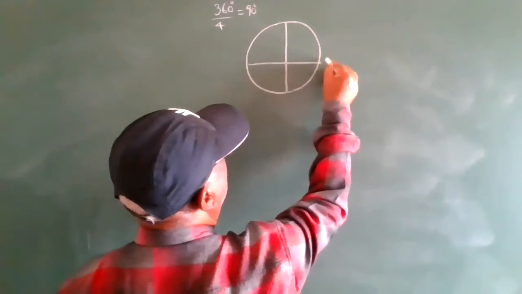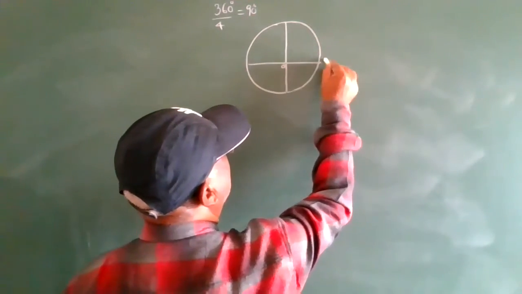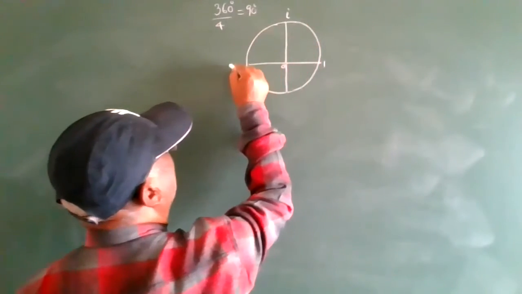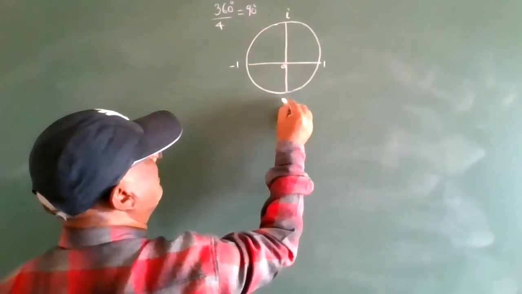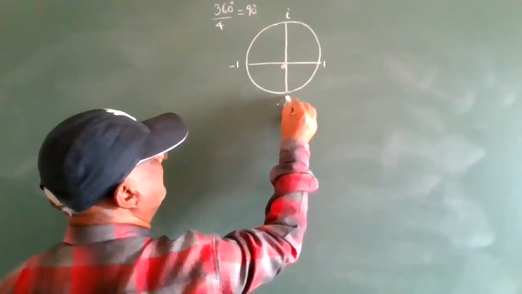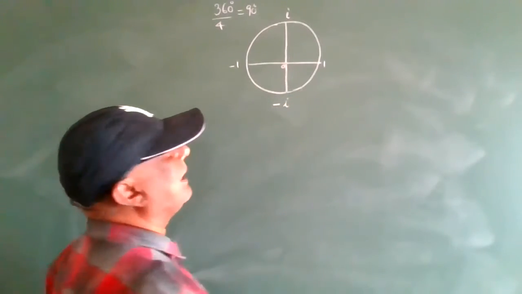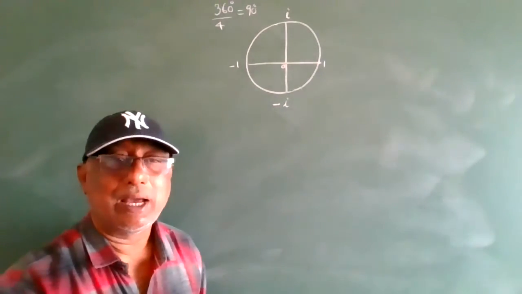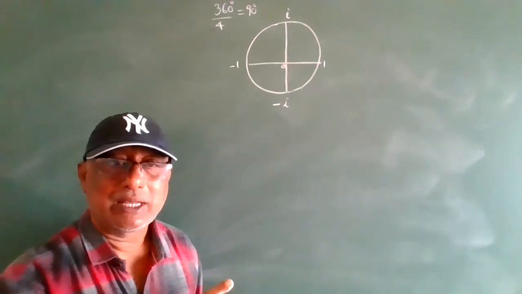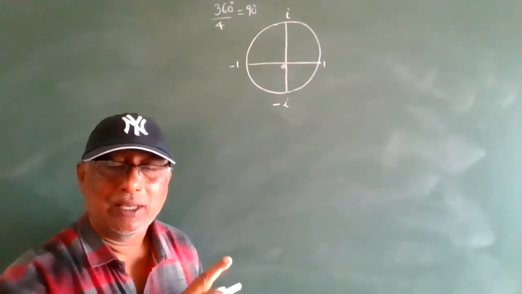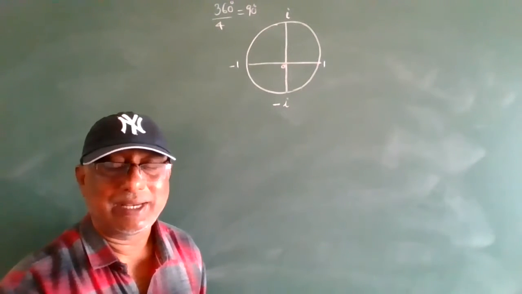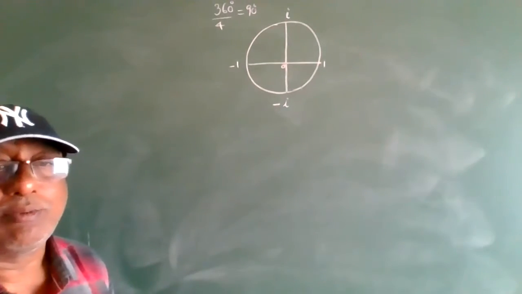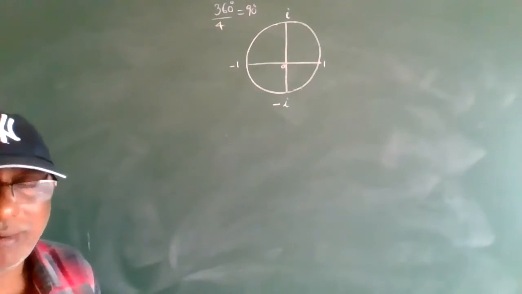This is 1 at angle 0, this is i, this is minus 1, and this is minus i. So 1 is at 0 degrees, i is at 90 degrees, minus 1 at 180 degrees, minus i at 270 degrees, each 90 degrees apart. It will be divided into 4 equal parts.